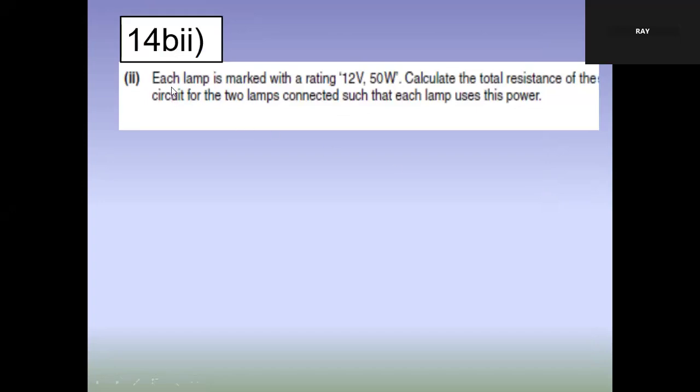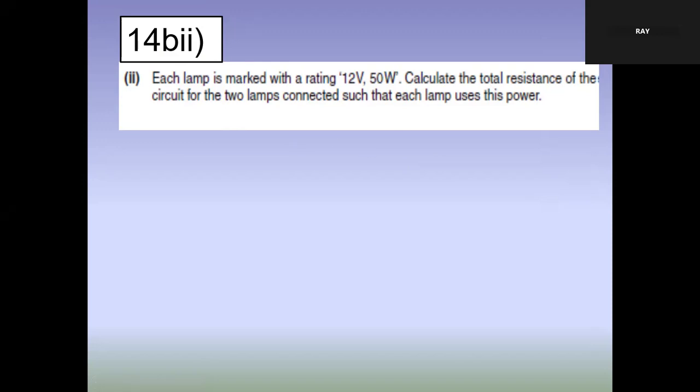Each lamp is marked with a rating 12 volt, 50 watt. Calculate the total resistance of the circuit for two lamps connected such that each lamp uses this power. You should be able to do that. I squared R? You want to calculate the total resistance.